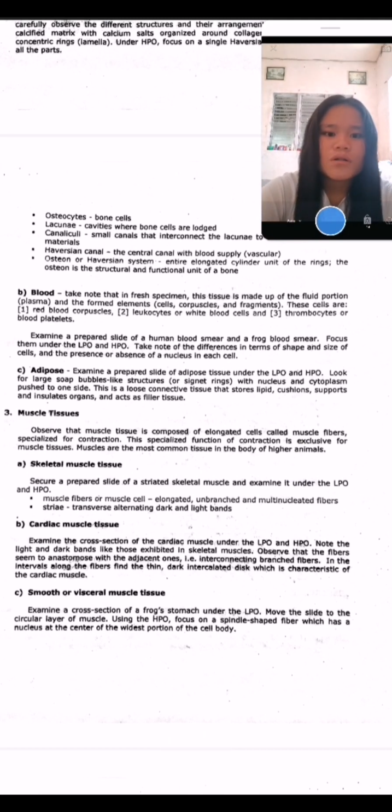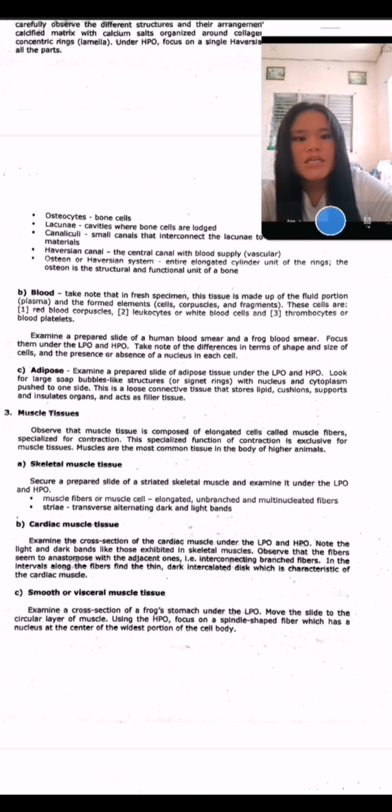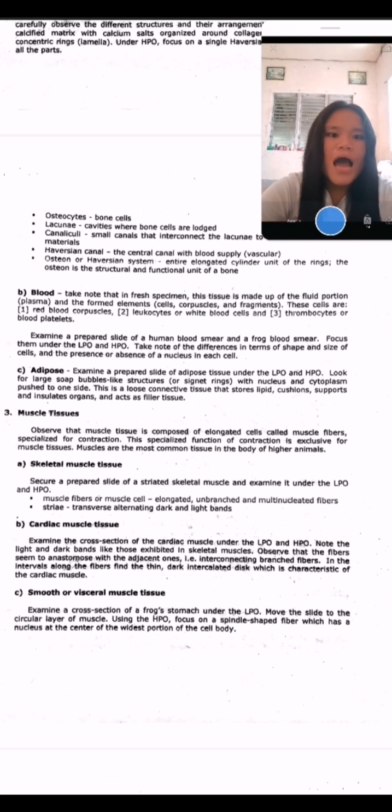Observe that muscle is composed of elongated cells called muscle fibers, specialized for contraction. This specialized function of contraction is exclusive to muscle tissues. Muscles are the most common tissue in the body of higher animals.